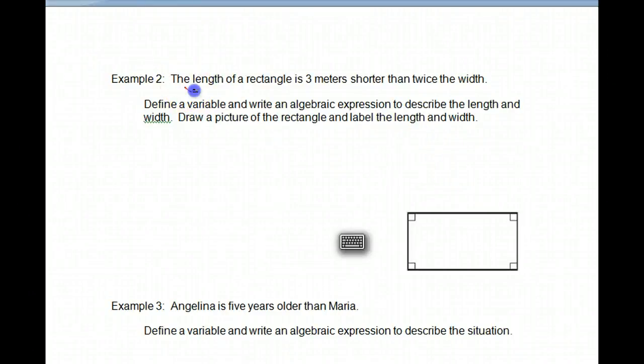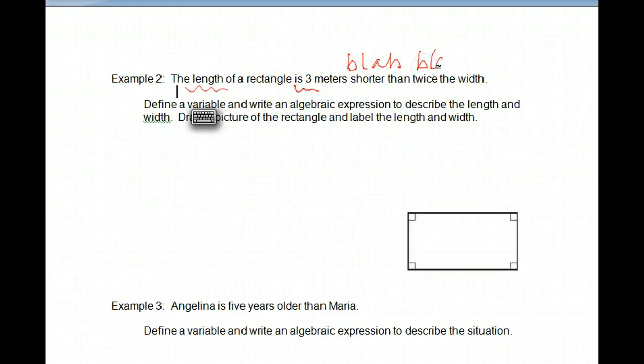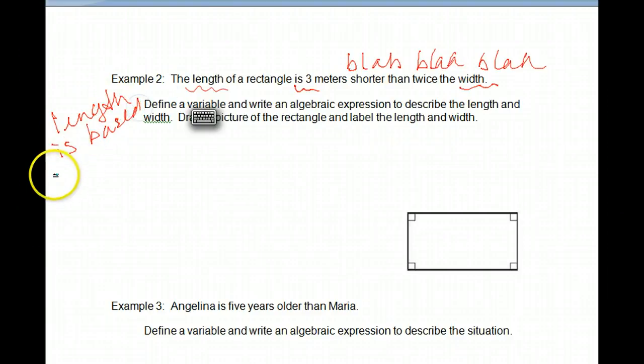So it says length is blah, blah, blah, width. That tells me that length is based off of width.